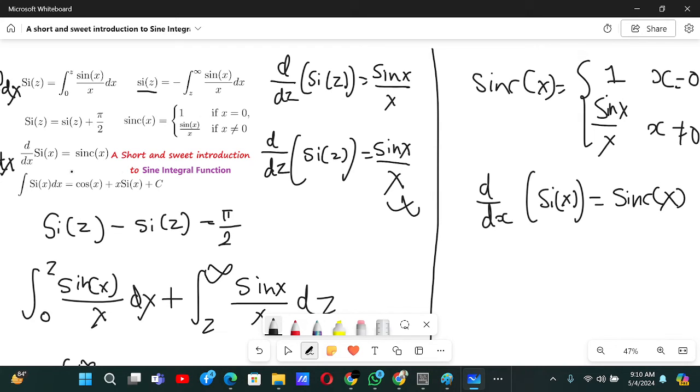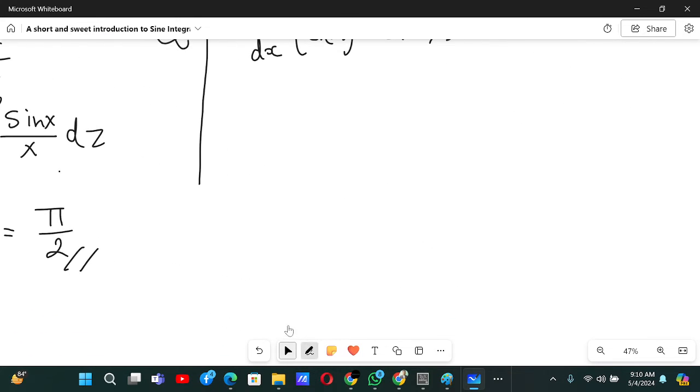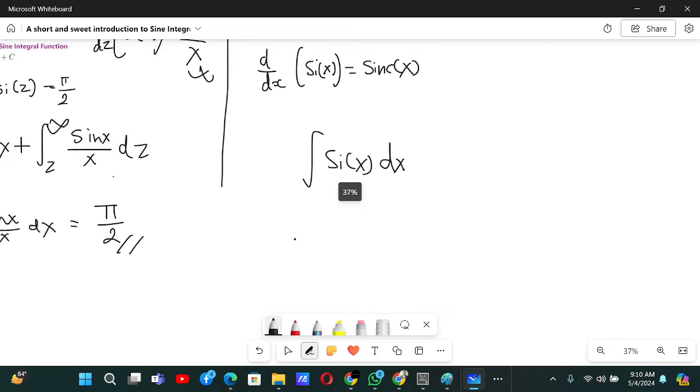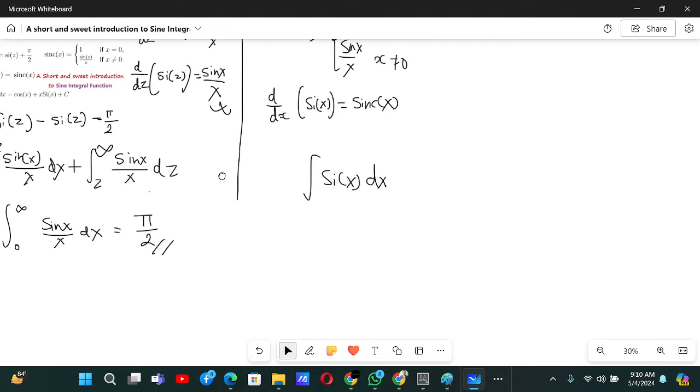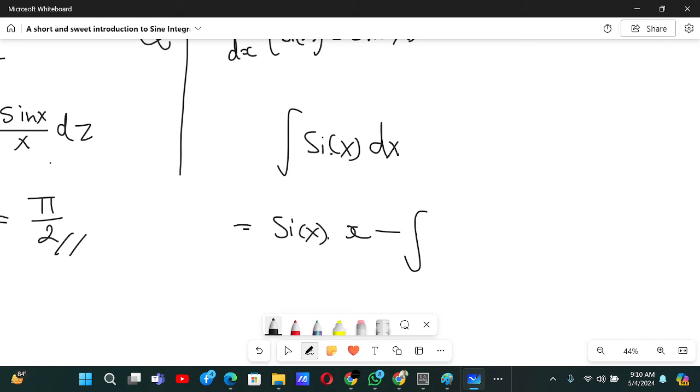Now for the integral part, it's also not too hard, just some basic ideas. We have to find the integral of capital Si of x dx. First of all, let's take this as u and 1 as v. So capital Si of x times the integral of 1, which is x, minus the integral of the derivative of Si, which is sine x by x.